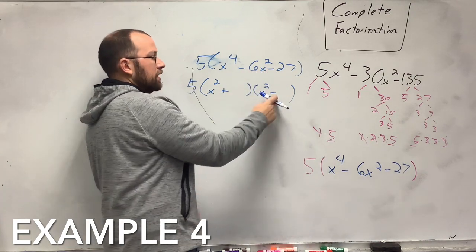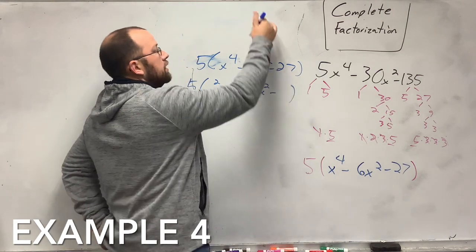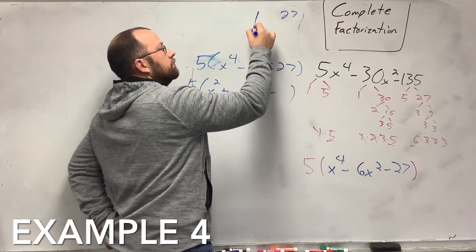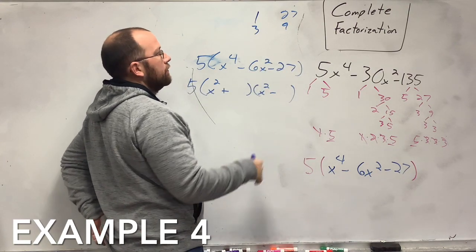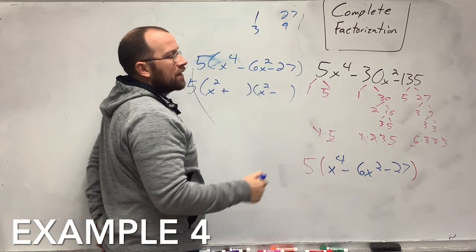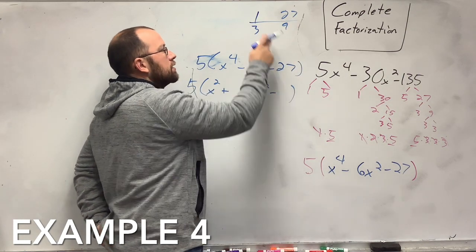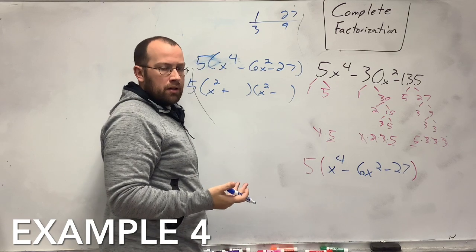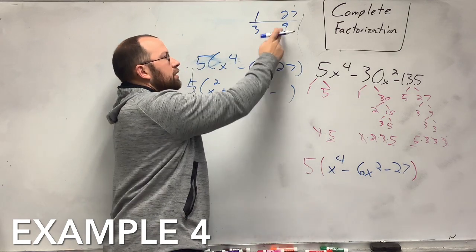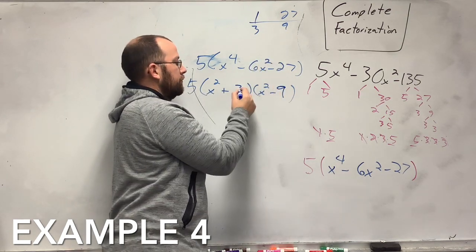That gives me a positive and a negative. Now I need to look at the factors of 27. Can I combine 1 and 27 in any way to get negative 6? No. I need 3 and 9. Which is going to be my negative number? Because the middle is negative, it's going to be my larger number.